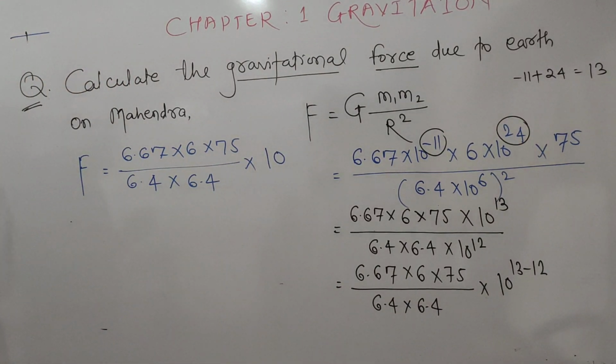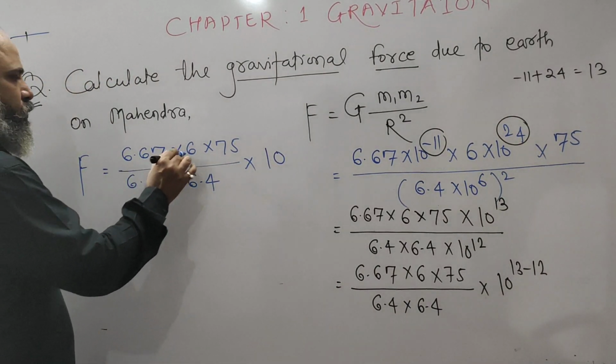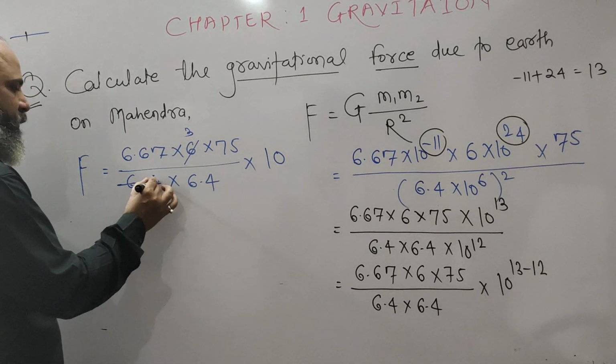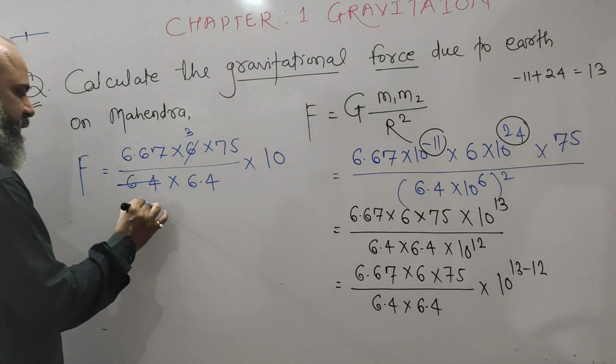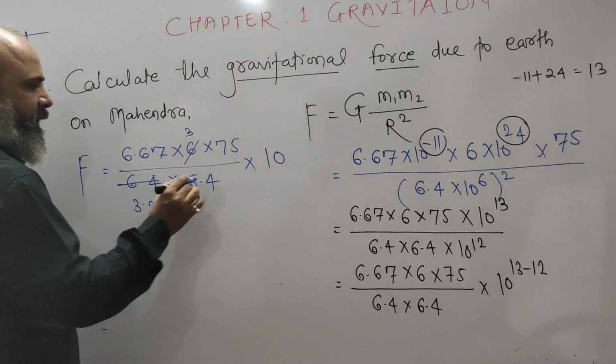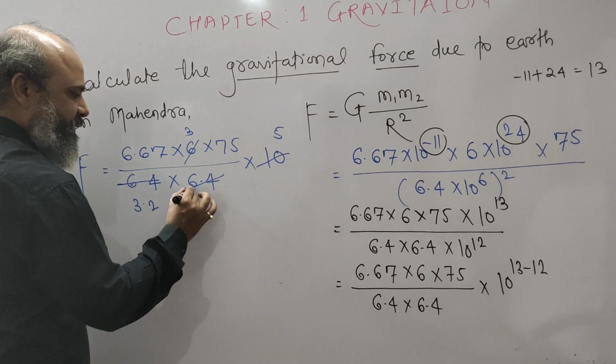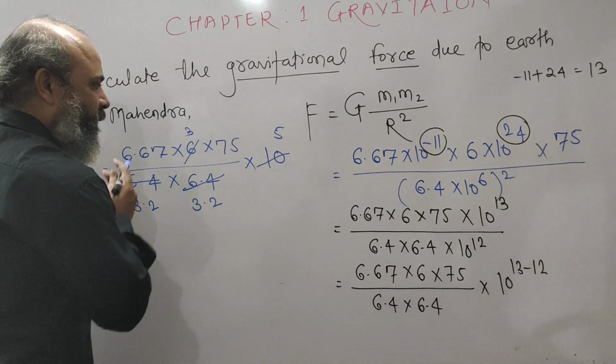Okay student? Now divide. 2 3s are 6, 2 3s are 6, 2 2s are 4. Again with 2, 2 5s are 10, and here 2 3s are 6, 2 2s are 4.